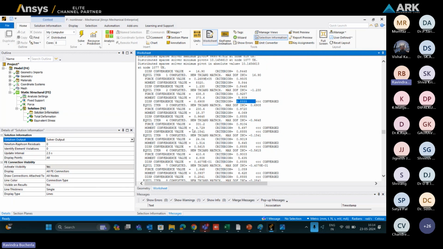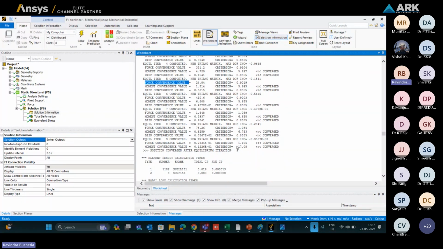In the fourth iteration, you can see the moment convergence is this much and the criteria is this much. This value is less than this value, so it converged. Again in the fifth iteration, force didn't converge in all these steps. But finally, in iteration 8, force is not converged, but moment and displacement converged.